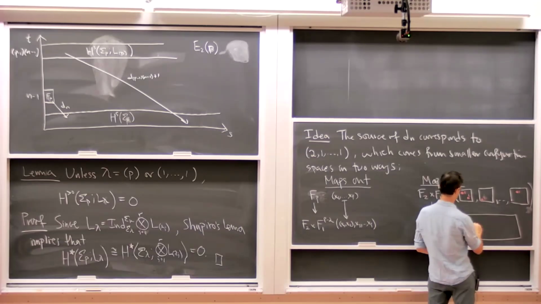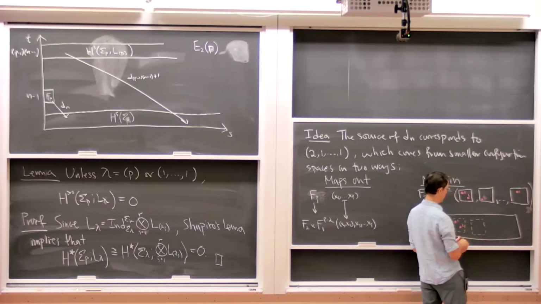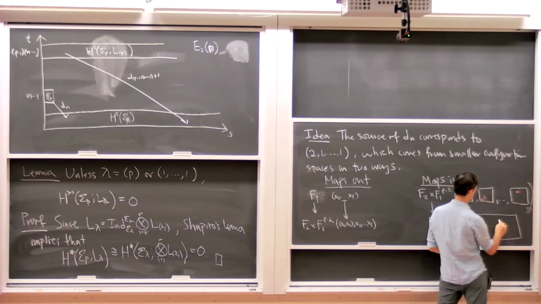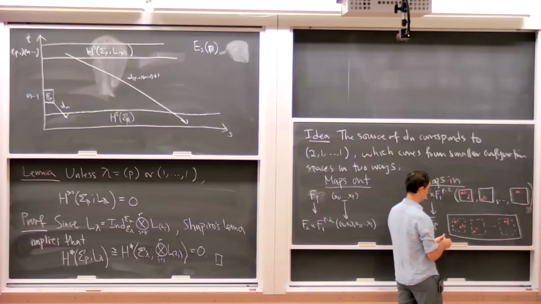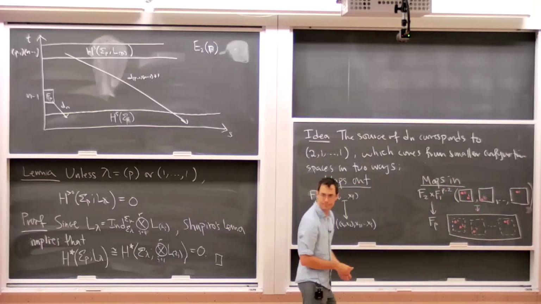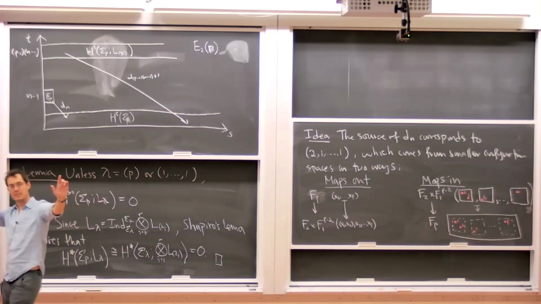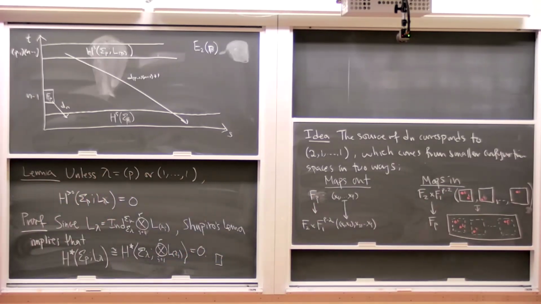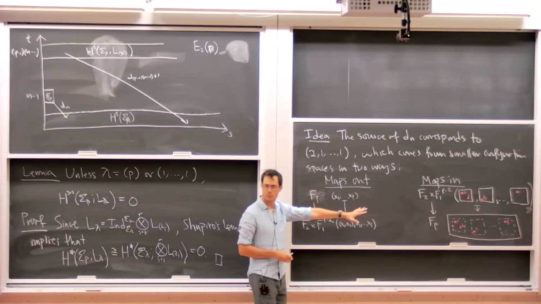And here's my embedded copy of this Euclidean space with its 1 particle, which I will now call 3, and so on. So we just pick some pieces inside of the larger Euclidean space, identify them with Euclidean space, and use this to shove configurations in. Okay. Simple enough. Are there any questions about what these maps are?